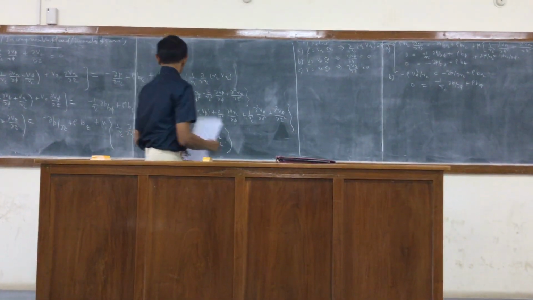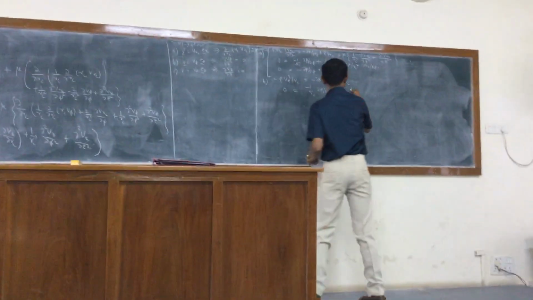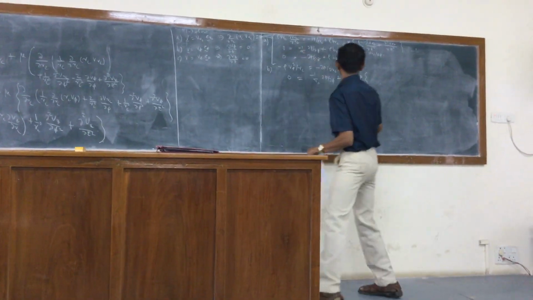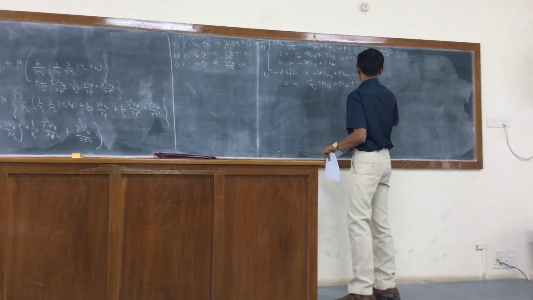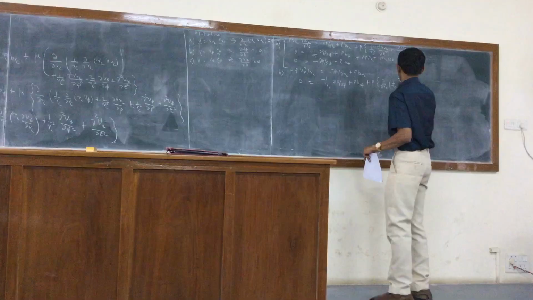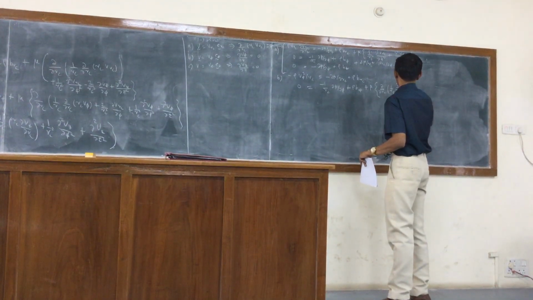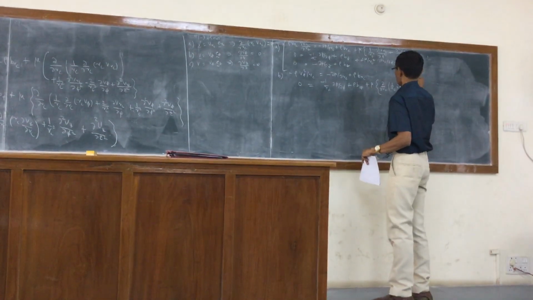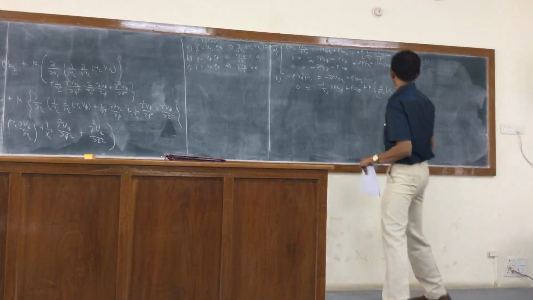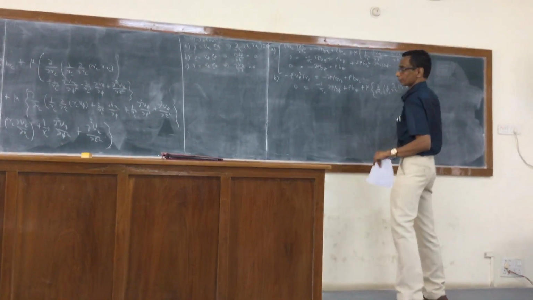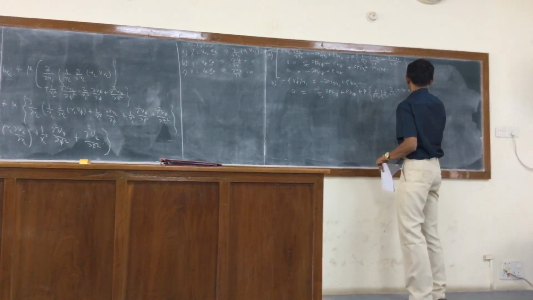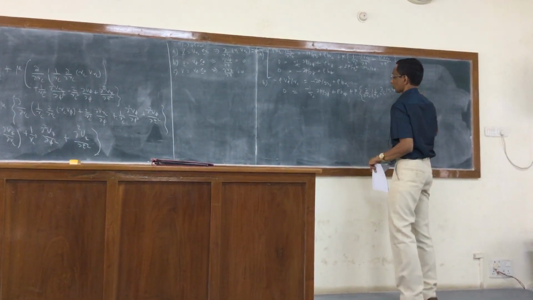So I'm going to get again two terms: plus the viscosity times d by drc of 1 over rc, d by drc of rc V phi, then 1 over rc squared d squared V phi by d phi squared, that term is 0, plus d squared V phi by dz squared.